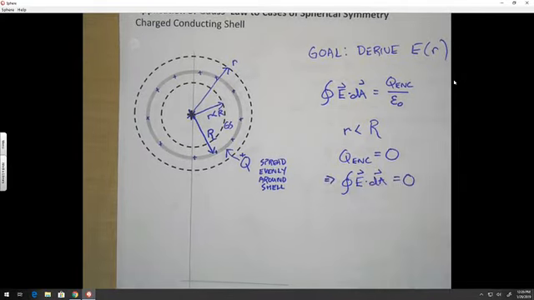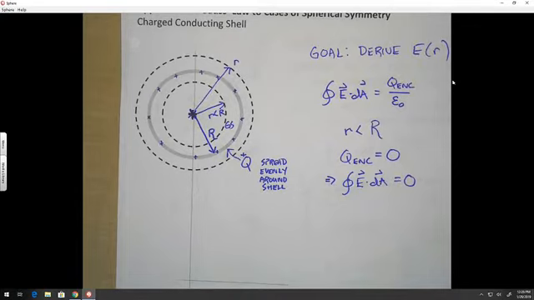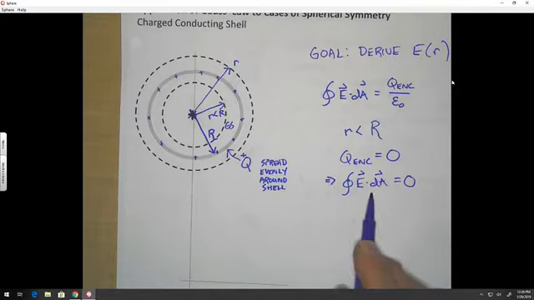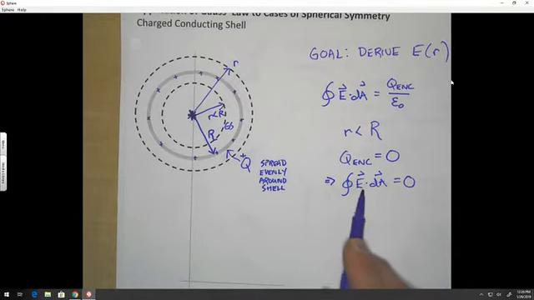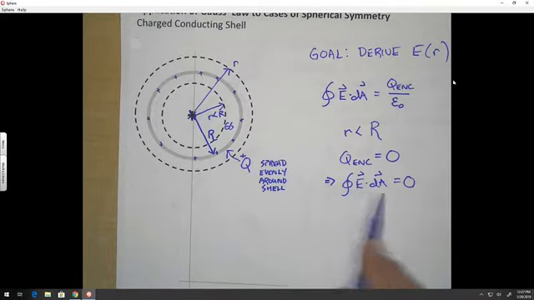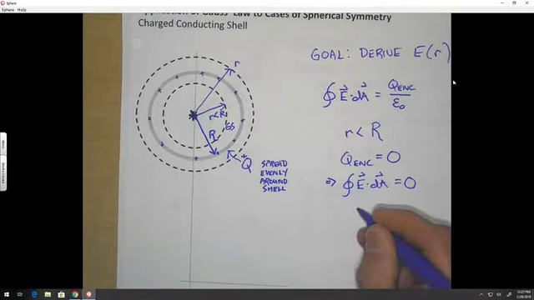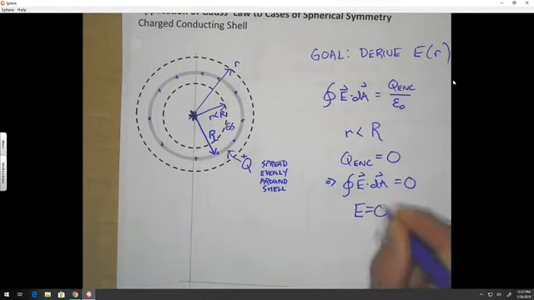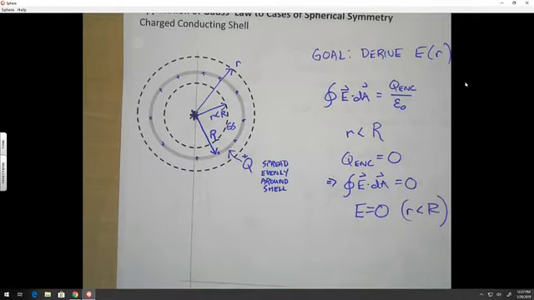And there's only one way that can happen. There's certainly surface area here, since every Gaussian surface has some area to it. So in order for the integral to be 0, it's the E that has to be 0. And so we get our first interesting result, which is that the electric field inside is equal to 0.